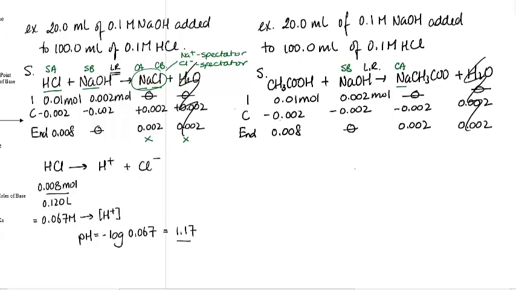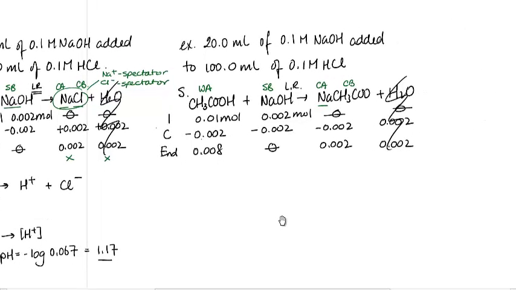Acetic acid is a weak acid, and so when it forms the conjugate base, it is considered to be a stronger base, and therefore it is going to have an effect on the subsequent reaction.